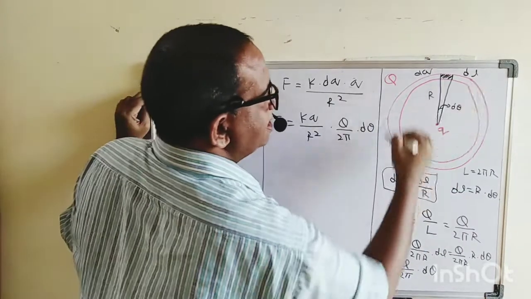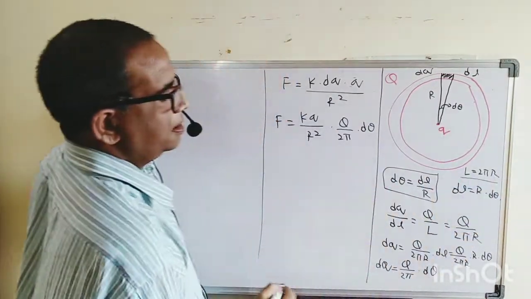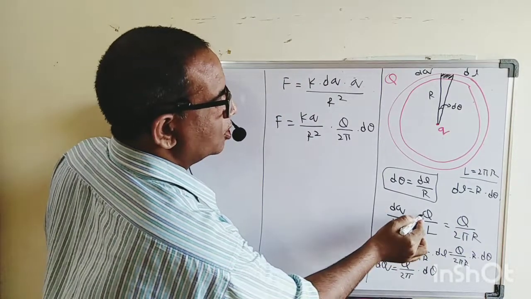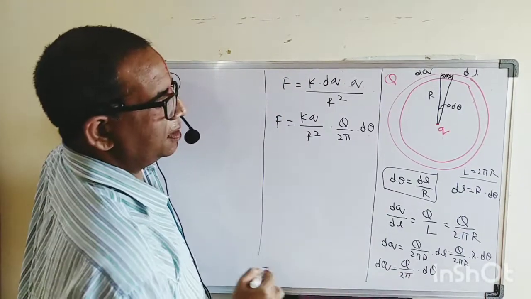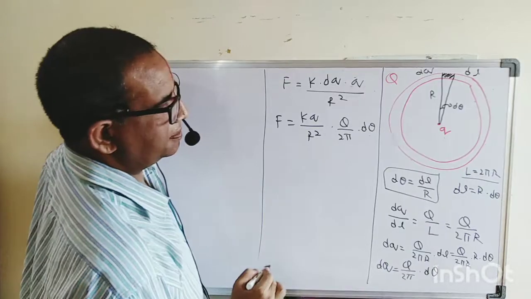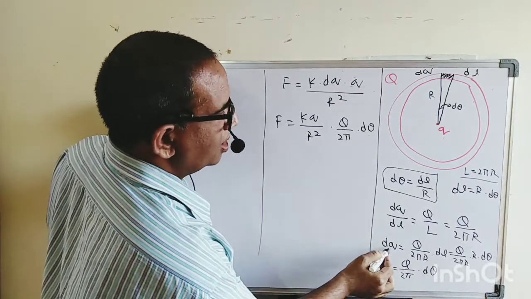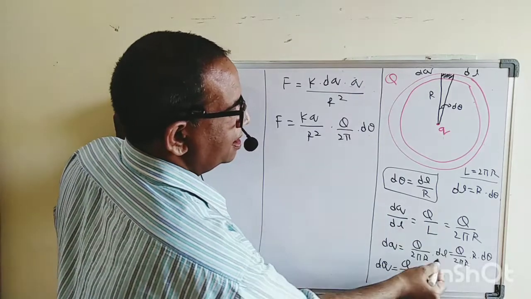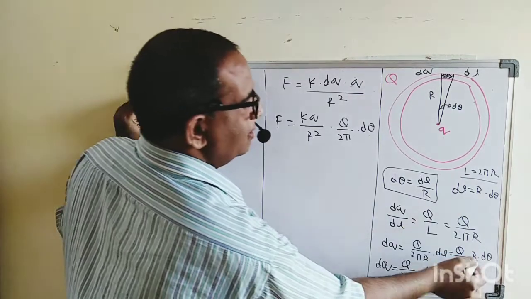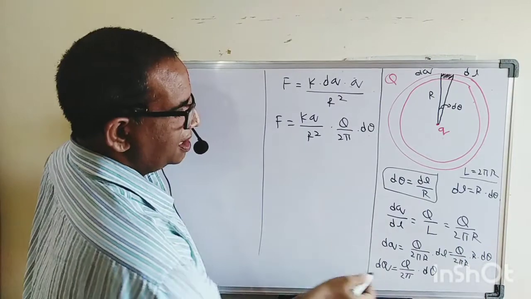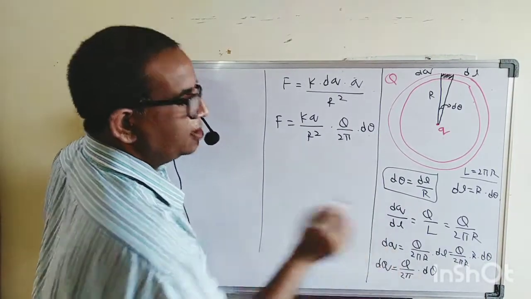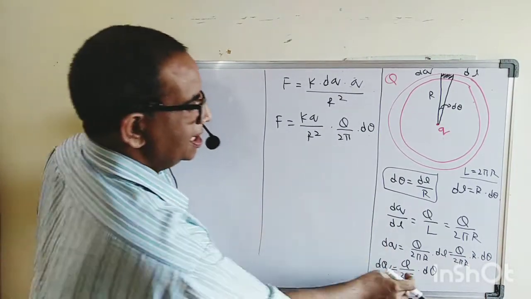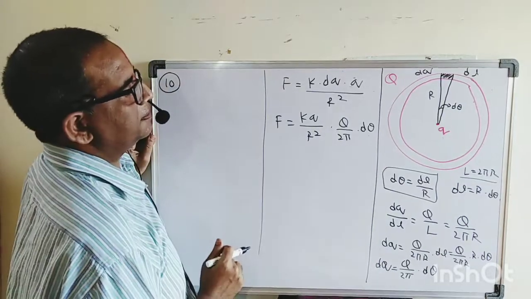The total length is 2 pi r, therefore dq by dl equals total charge by total length, q by 2 pi r. Substituting dl as r d theta, we got dq equal to q by 2 pi into d theta. Now the same thing I substituted here.